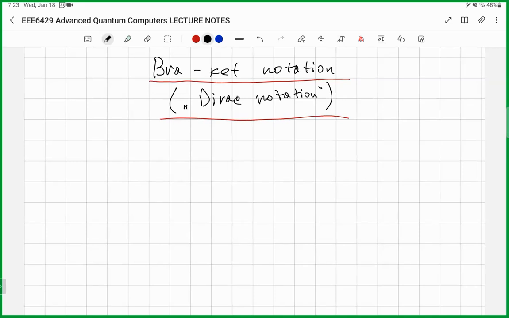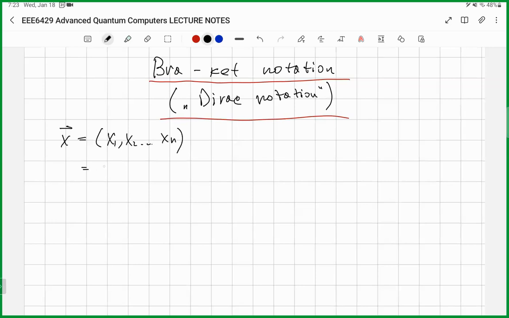So we say that a vector, for example x, can be represented by a set of numbers. We can write these numbers as a string of components, x1, x2, etc., xn.